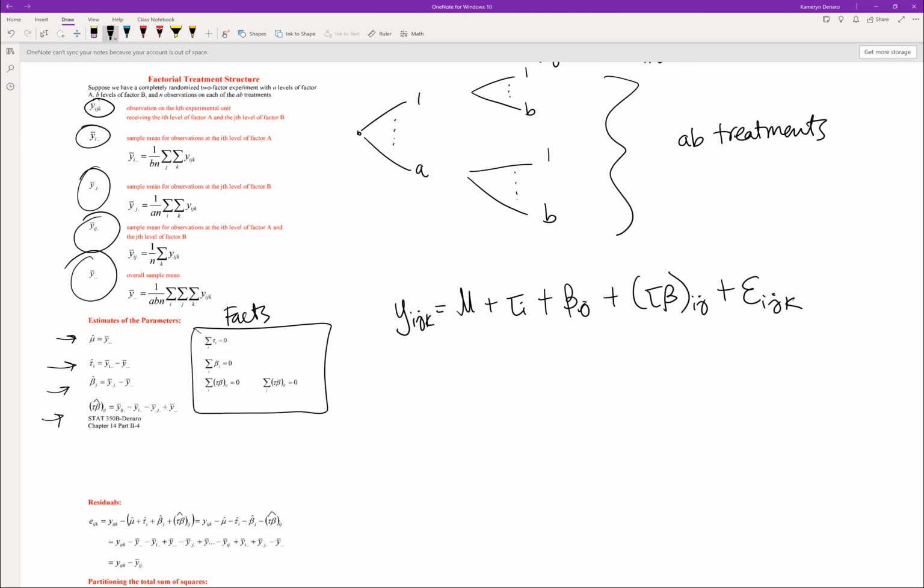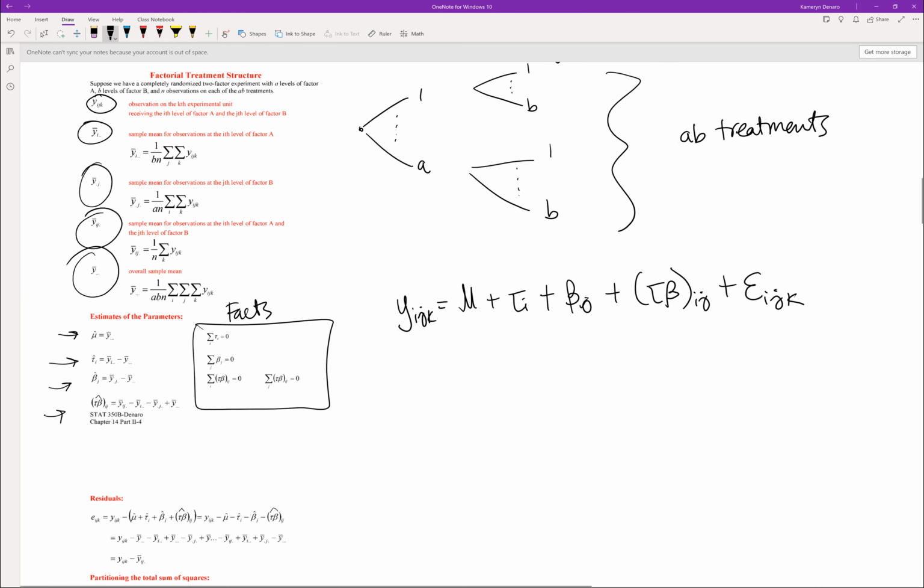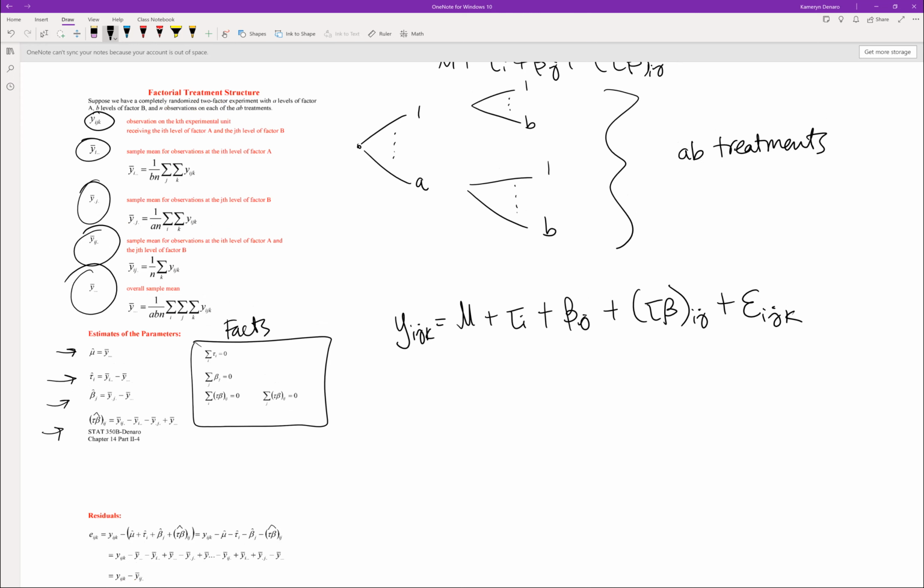We want to get all of our predicted values, so we want the y hat ijk, which needs the mu hat plus the tau i hat plus the beta j hat plus the tau beta, the interaction term, hat.